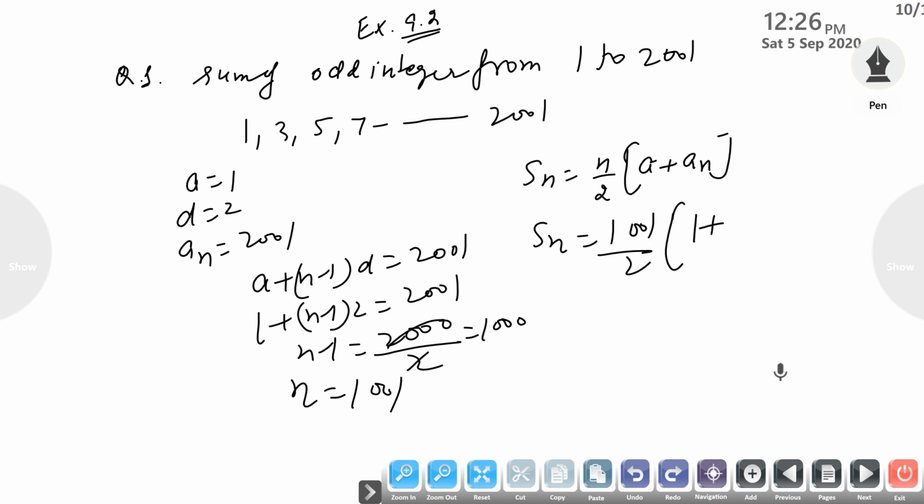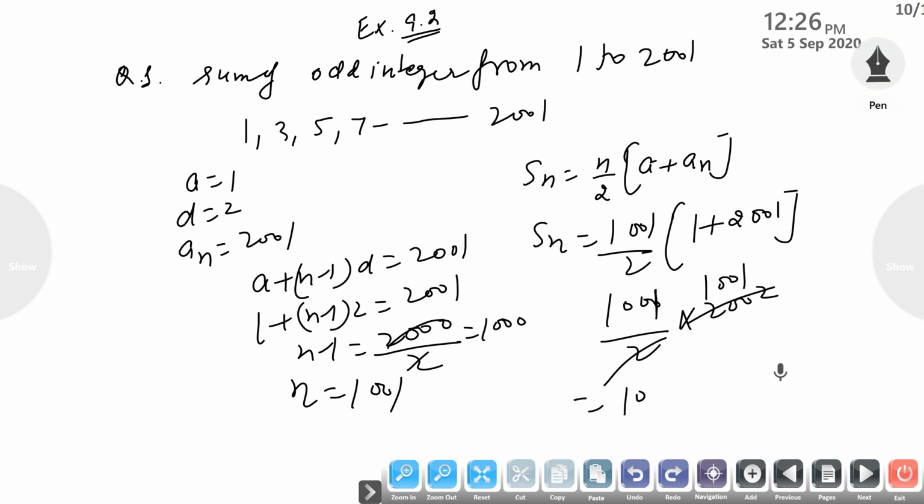A means first term 1 and An is 2001, that is 1001 upon 2 into 2002. Cancel by 2, we get 1001. Then value of this is 1001 into 1001. This is the sum of odd integers from 1 to 2001.